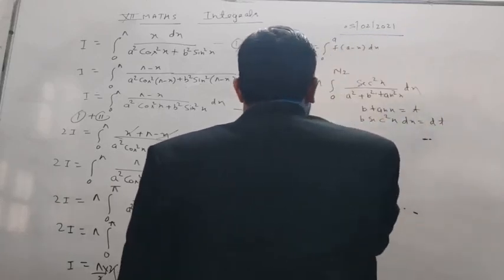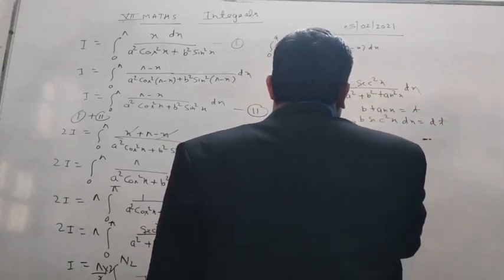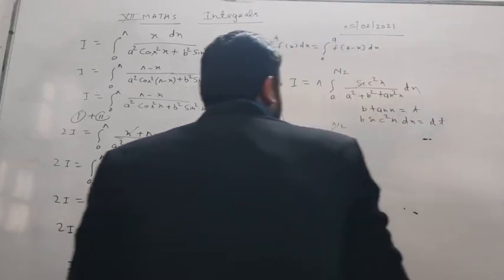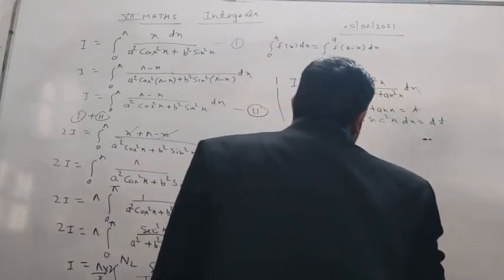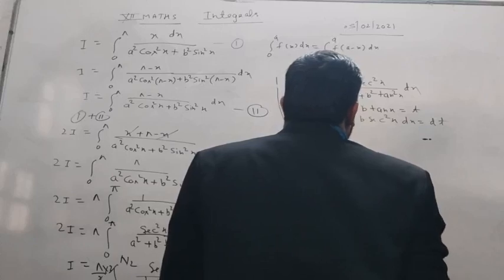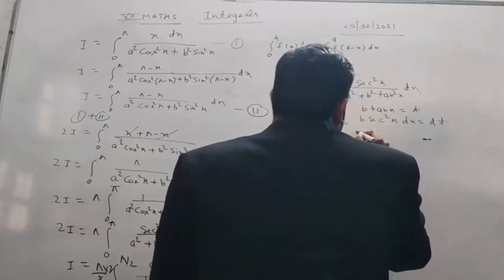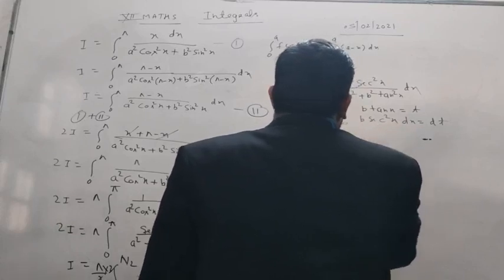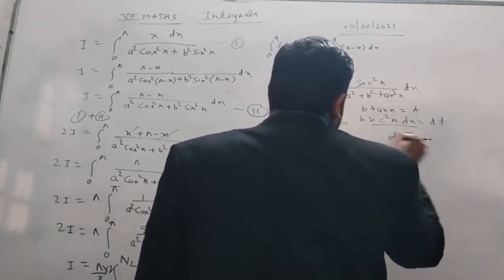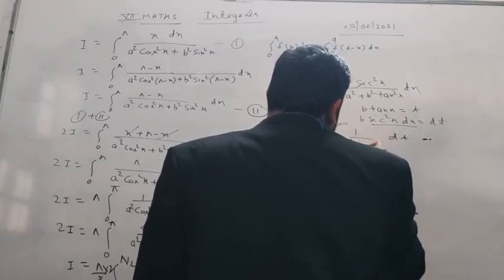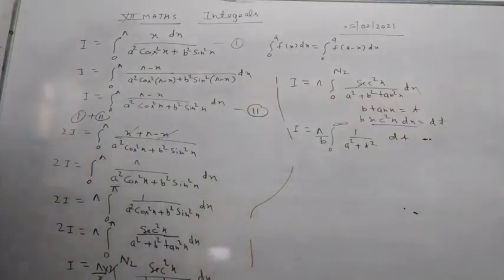So I is equal to pi times integral from 0 to pi by 2. Now we change the limits, students. When we put 0 here, we get 0. When we put pi by 2, we get not defined, that is, infinity. Now students, this is our pi by b, and sec square x dx can be written as dt, and here 1 by a square plus t square.